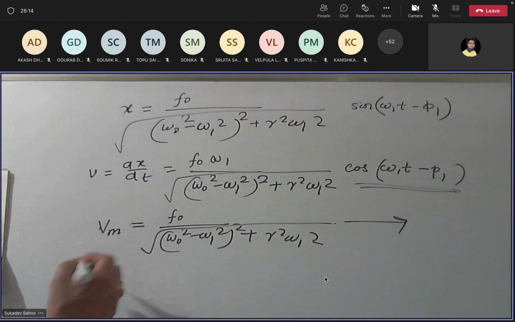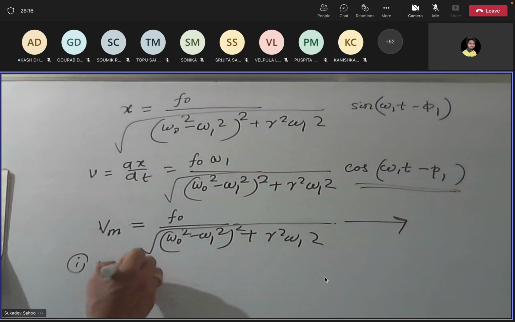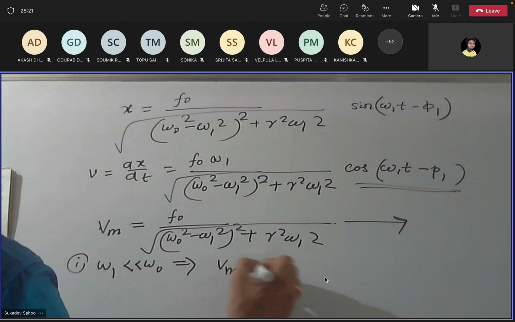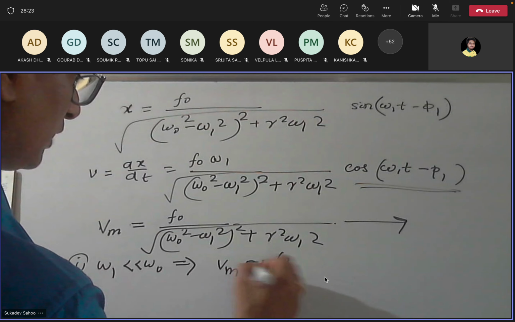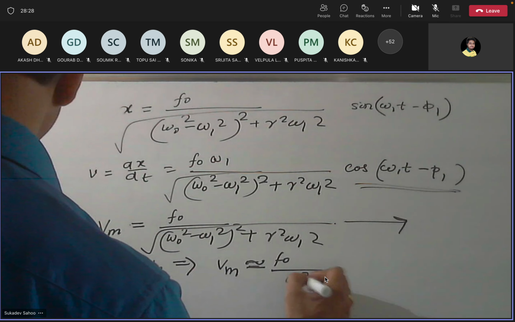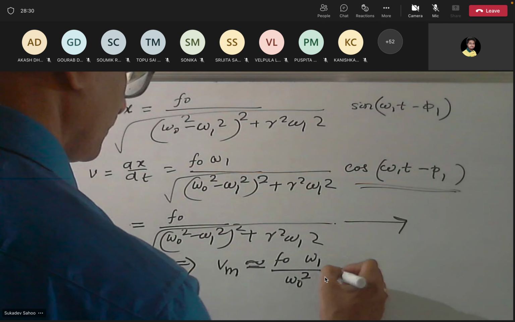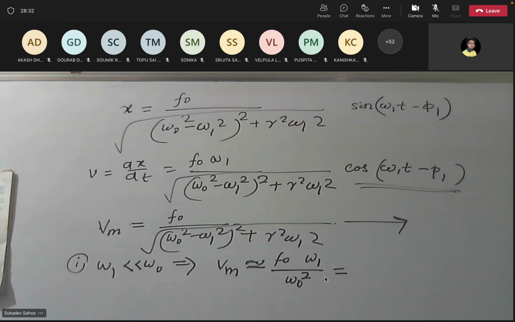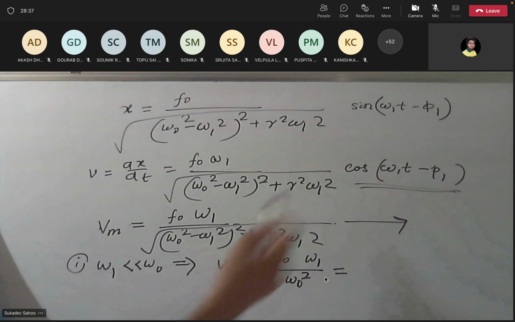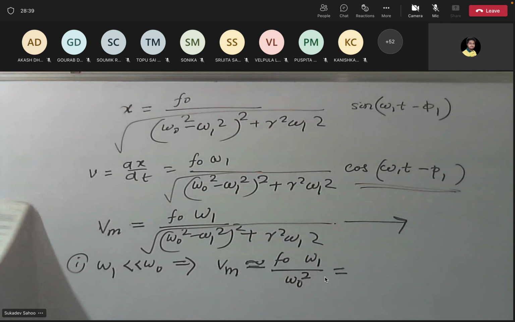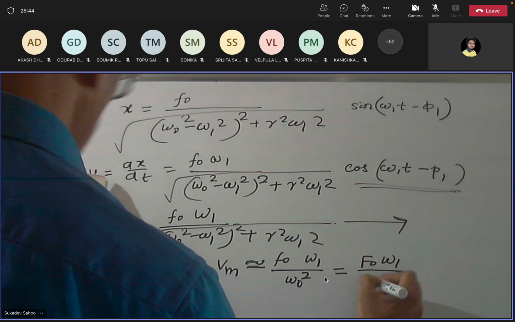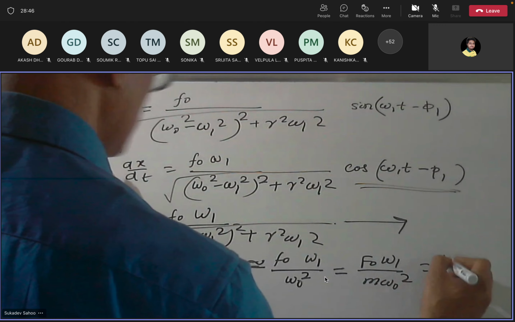Now similarly, at a low driving frequency, we consider when omega 1 is very much less than omega 0. In that case, Vm will be nearly equal to F0 divided by omega 0 square, gamma 1. Sorry, here it will be gamma 1. So we will get F0 omega 1 by m omega 0 square.